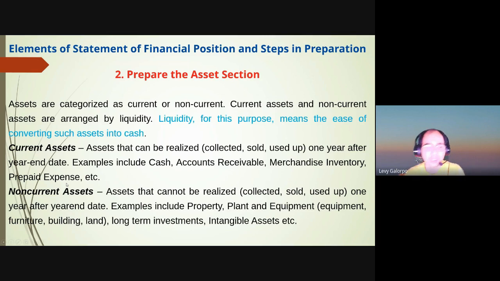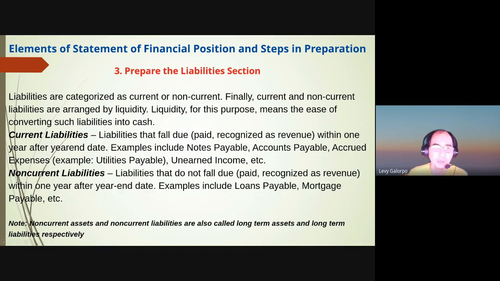Hindi tayo nag-expect na sila ay mako-convert into cash within 1 year. They cannot be collected within a year, they cannot be sold within a year, and they cannot be used up within a year. Okay, so that is the current asset portion. The number 3 step is to prepare the liabilities section.